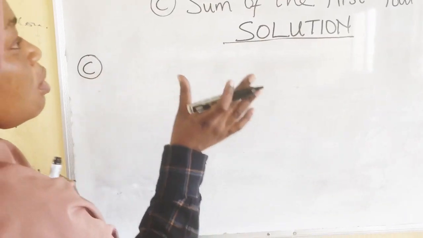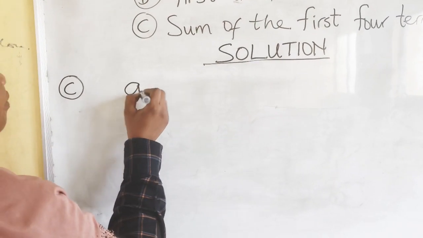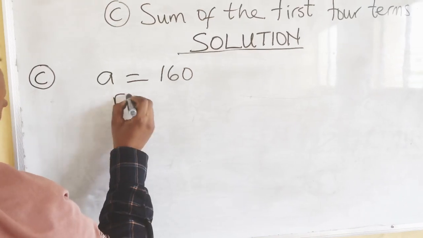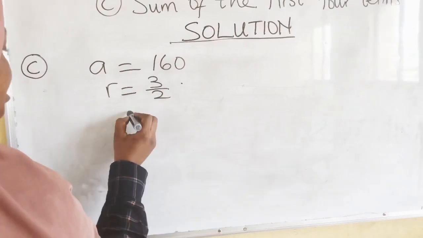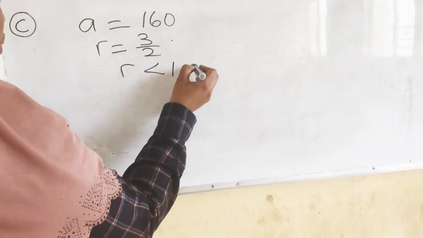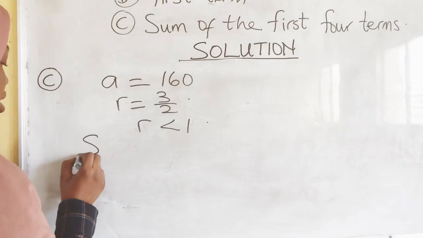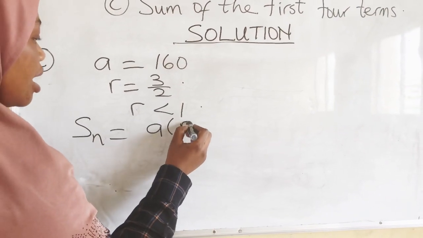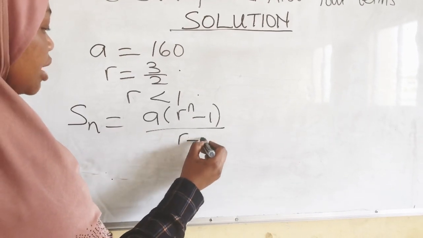So we want to find the sum of the first 4 terms. So we have known the first term to be equal to 160 and R to be equal to 3 over 2. It means that R is greater than 1. Sum of the first n terms of a GP is equal to A into brackets R raised to the power n minus 1 over R minus 1.